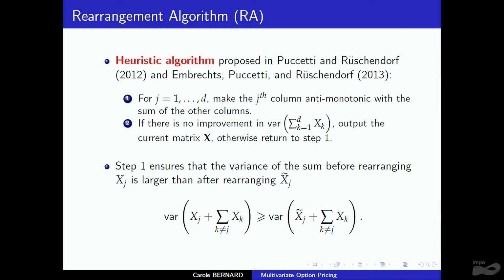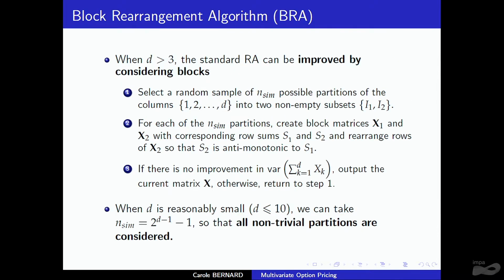But correlation is a notion that works well in 2 dimensions. So you take one column and the sum of the others. One thing you can do is split your D columns into 2 subsets and take a partial sum anti-monotonic with the other partial sum.